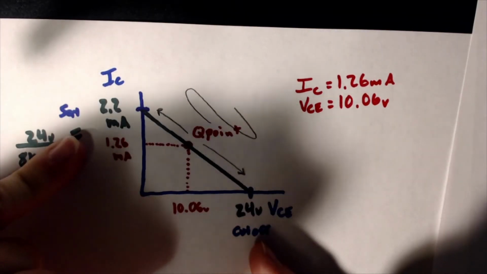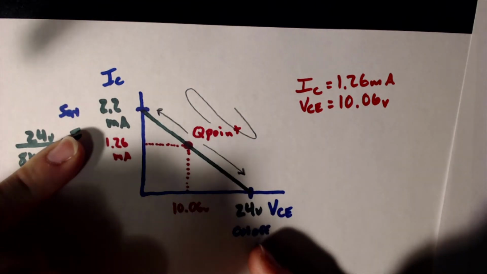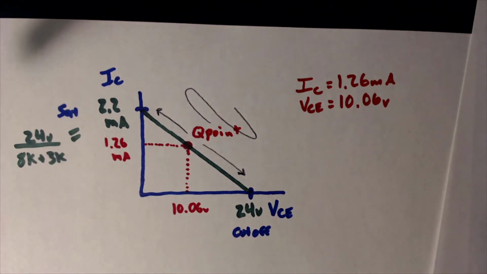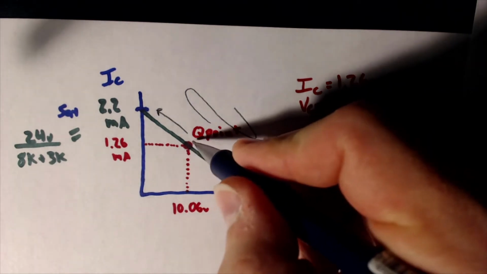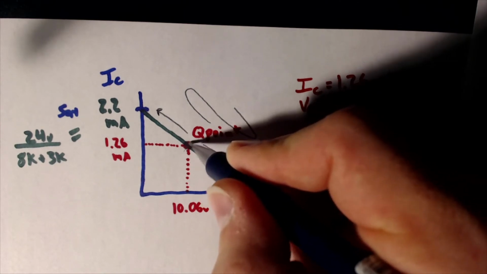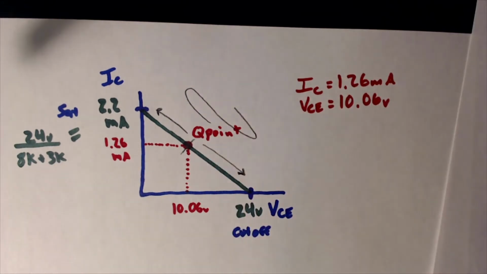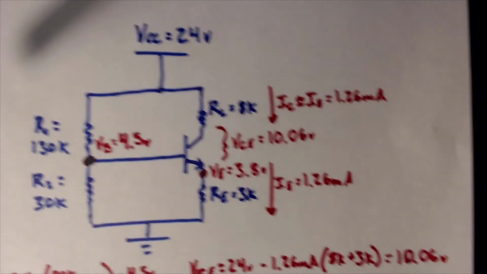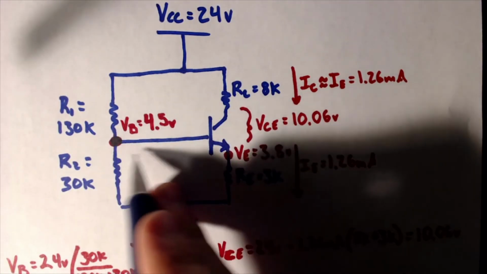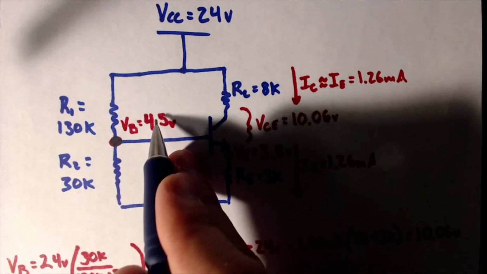Saturation and cutoff are great if you're trying to make a switch, but they're terrible if you want to make an amplifier. So just by the nature of using a transistor, I need to start it off at some point in the center. If you notice, that means I'm at something like 4.5 volts.